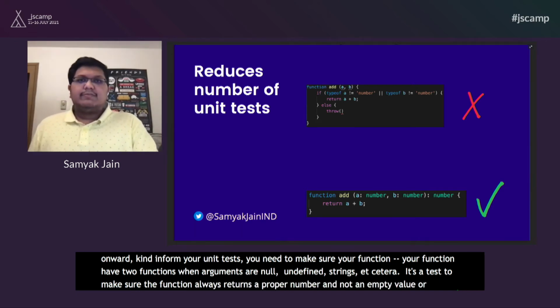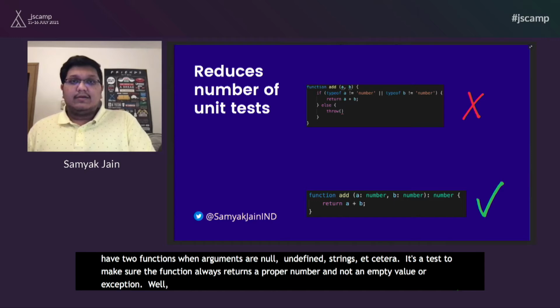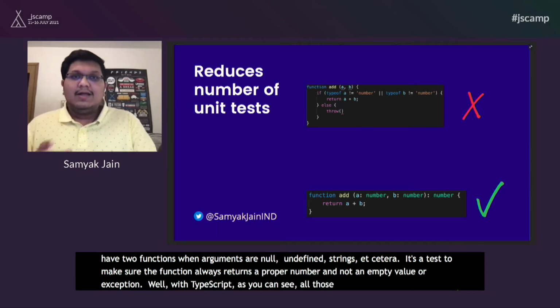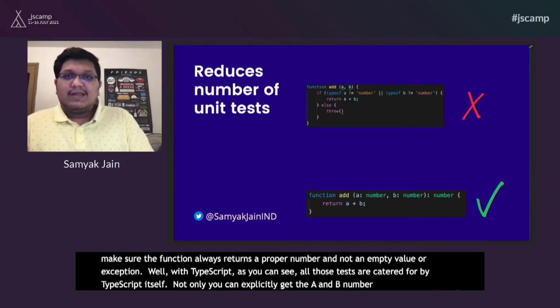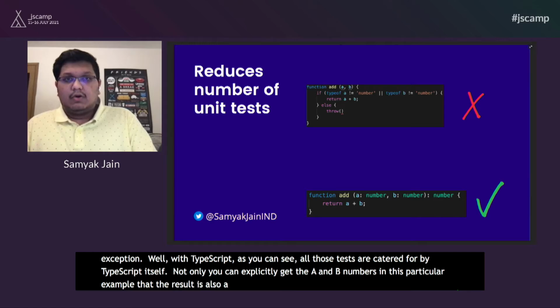Well, with TypeScript, as you can see, all those tests are catered for by TypeScript itself. Not only can you explicitly assert that A and B are numbers in this particular example, that the result is also a number, but it also allows you to set a value as nullable or not.